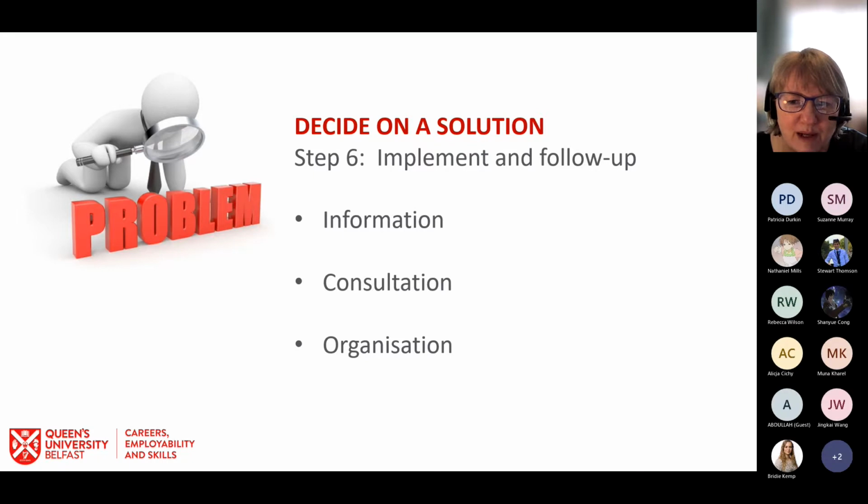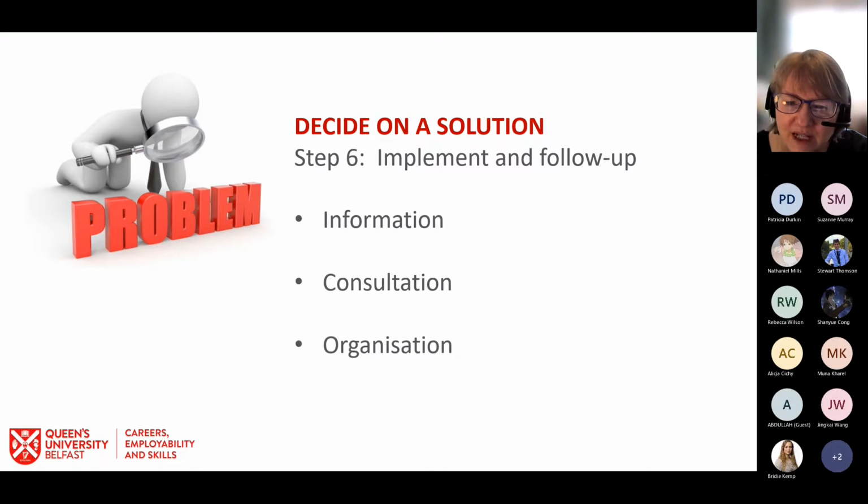So it's important that people are given enough information about it. Tell people what is happening and why, and sell the benefits of it. Be open and honest about any issues and look at issues from the points of view of the individuals that are going to be affected by it. Start your communication as early as possible and give progress reports if you can. Keep people up to date.